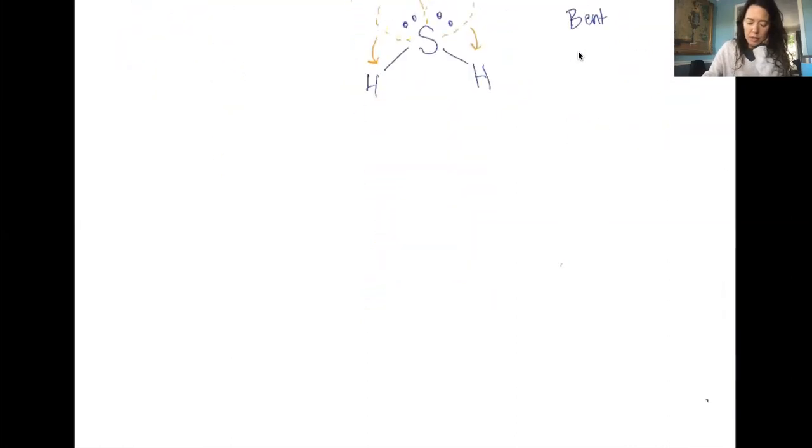Okay, let us do one more, I guess. Let's do NH3. That's easy. N offers up 5. We have 3 hydrogens, each donates 1. That gives us 8 electrons available for bonding.